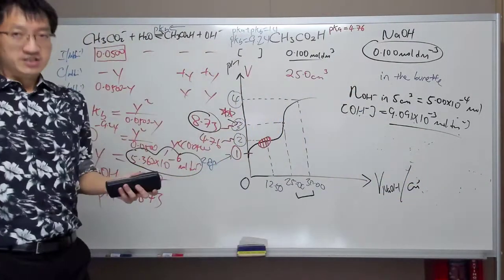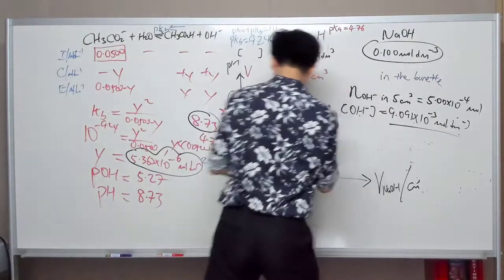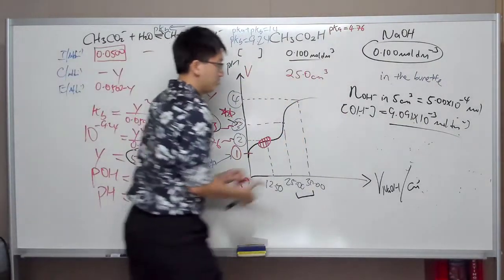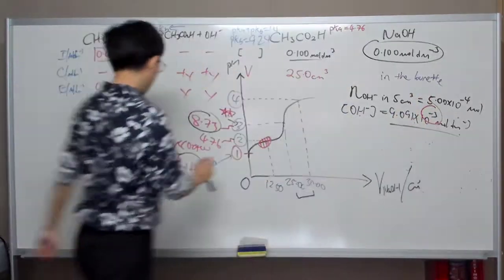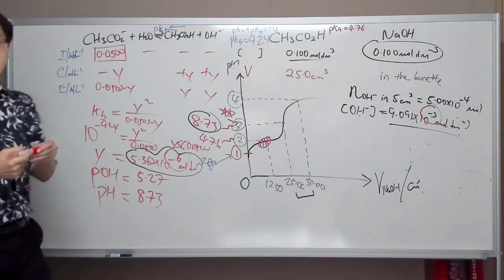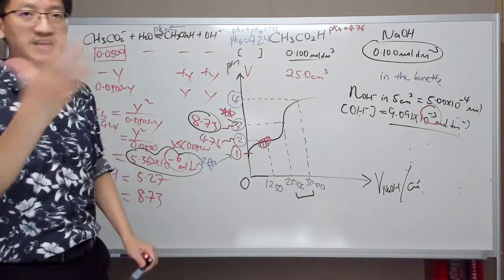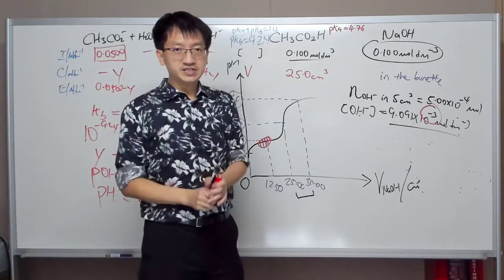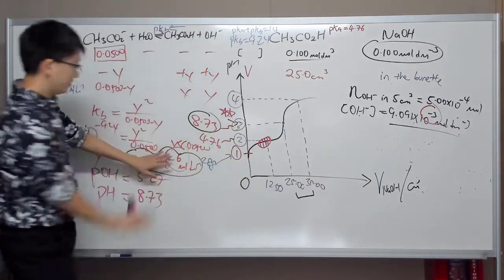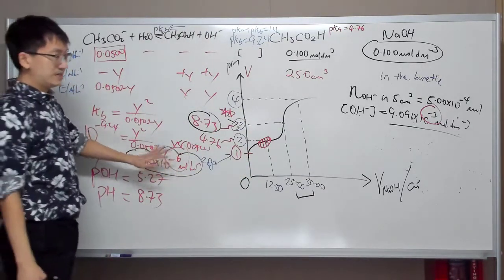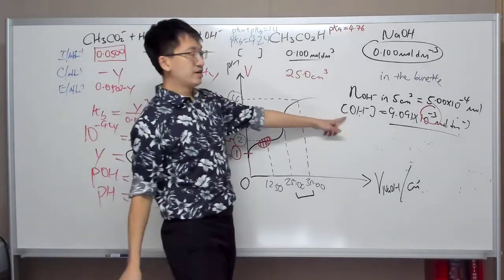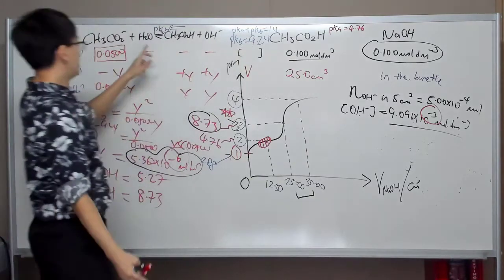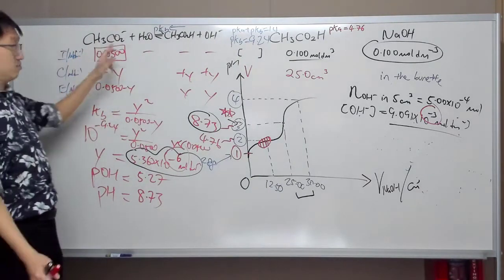Now, did you notice that in terms of the power, we are looking at minus 3 here. Here we are looking at minus 6. So it's like 1,000 times greater. To make our calculation simpler, we can just ignore this, because the addition of OH minus will suppress the ionization of ethanoic.